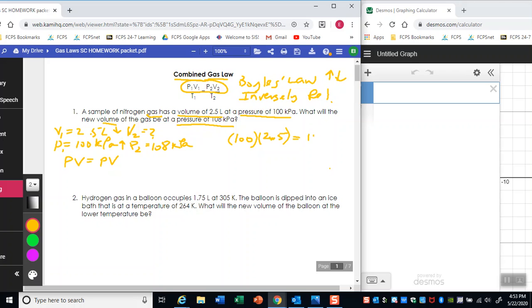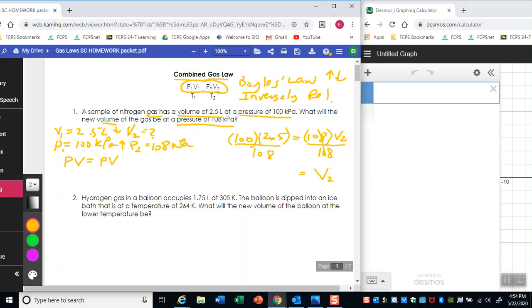And then my new pressure was 108. And then my new volume, I don't know. That's what I'm trying to find out. So that's my unknown. Now I want to get my unknown volume all by itself. These are multiplied together, so I'm going to divide by 108 because that's 1, and 1 times V is V. And then now I've got to do that on the other side.